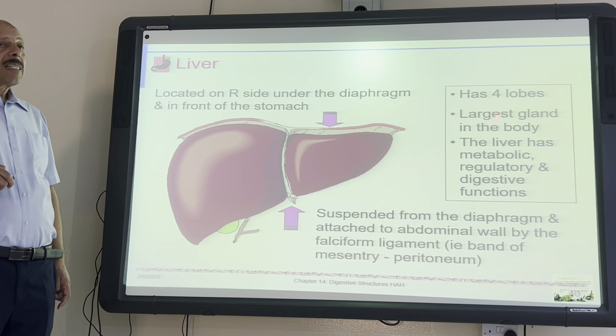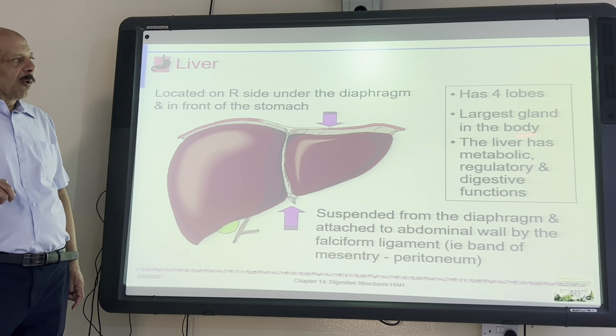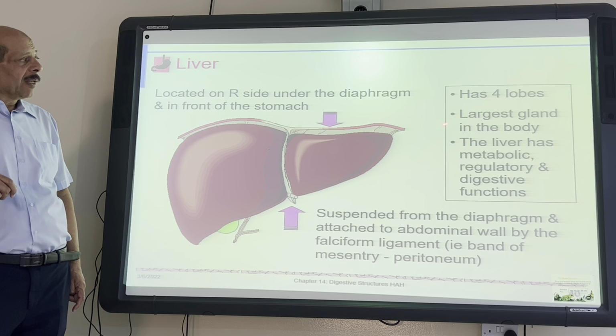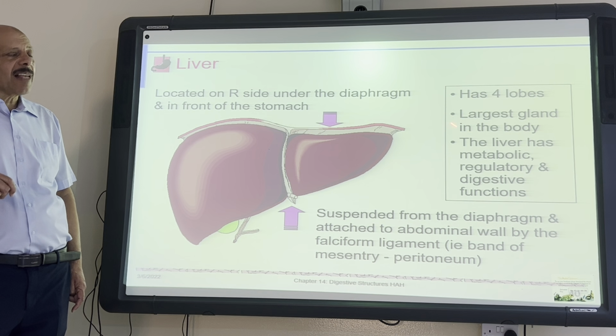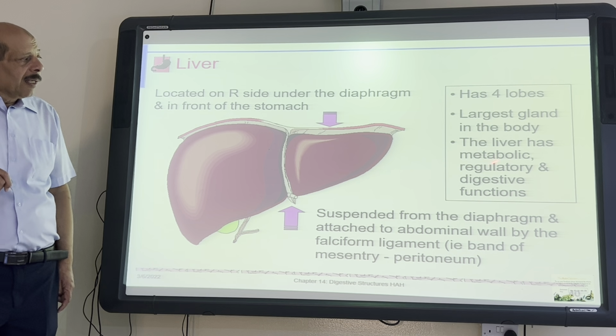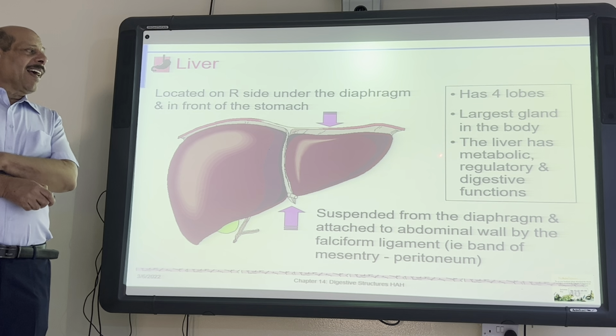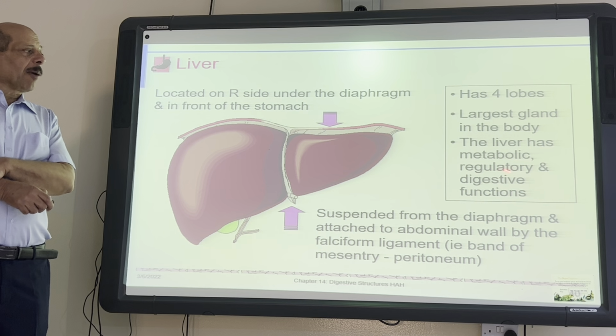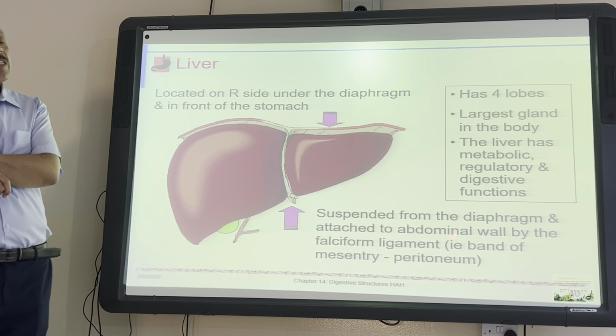It is divided into 4 lobes. So the liver is divided into 4 lobes. It is the largest gland in the body. It has metabolic regulation and digestive function.